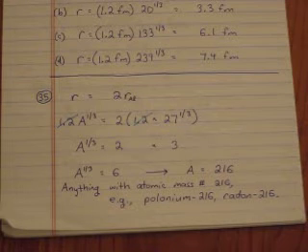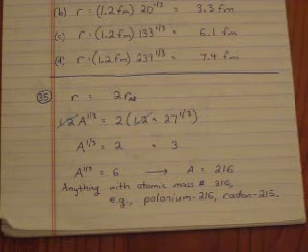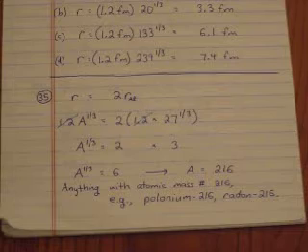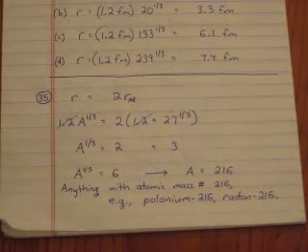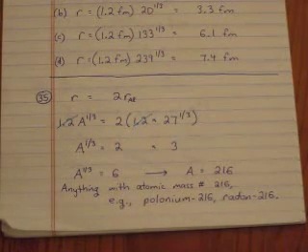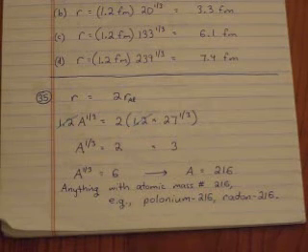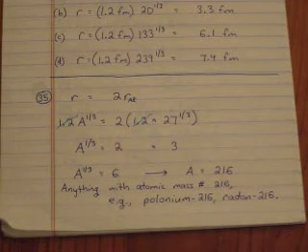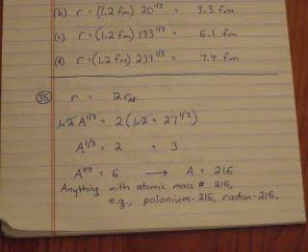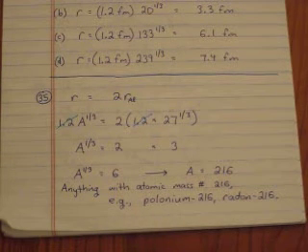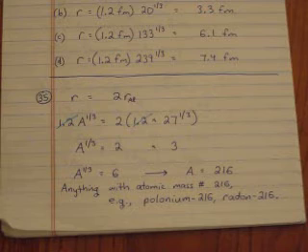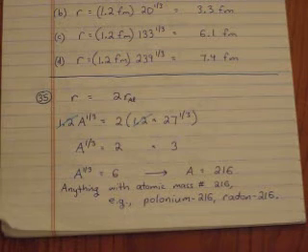So to solve for that atomic mass number, take the cube of both sides, so you get the atomic mass number is 216. So the answer to this question is any nucleus that has an atomic mass number of 216. Some examples would be polonium 216 and radon 216.